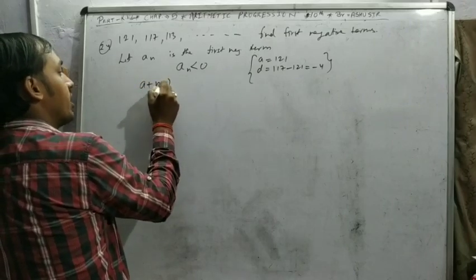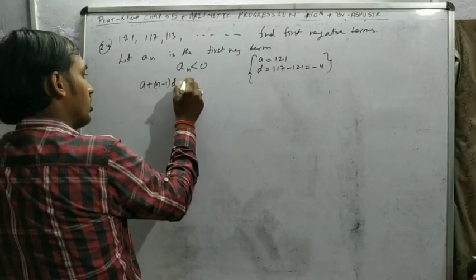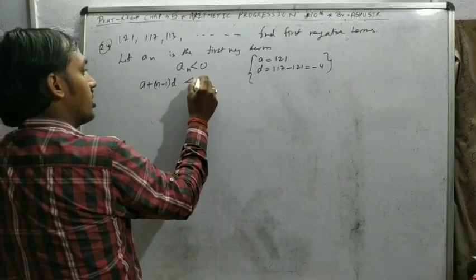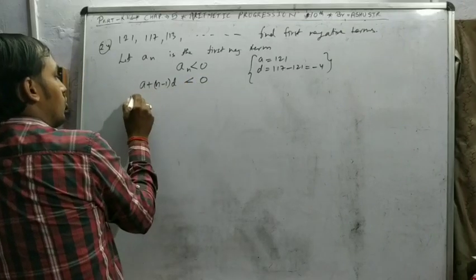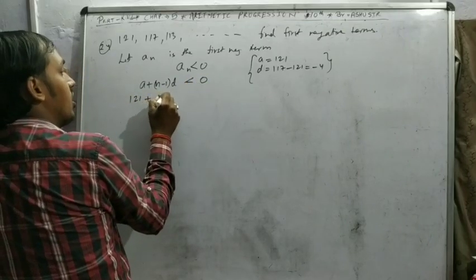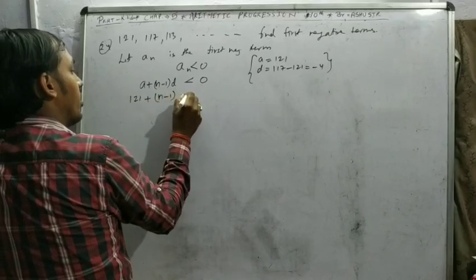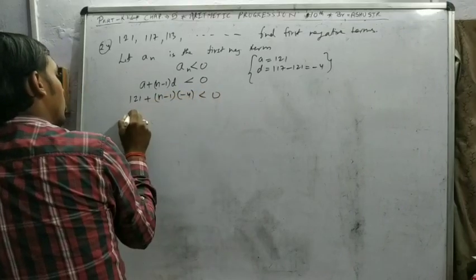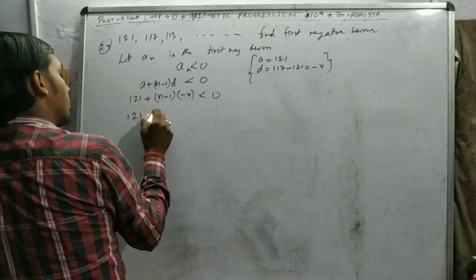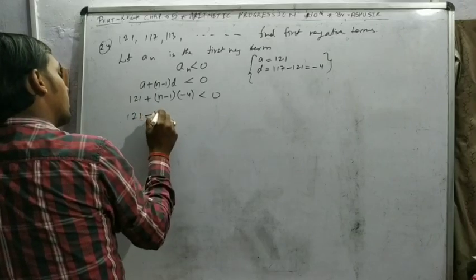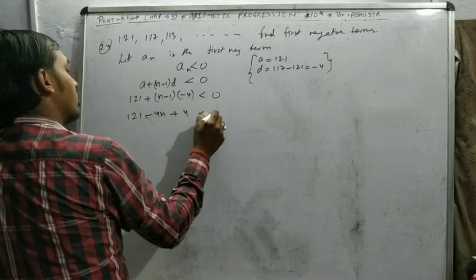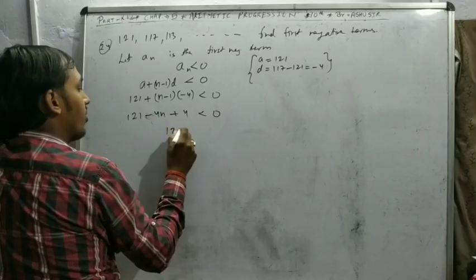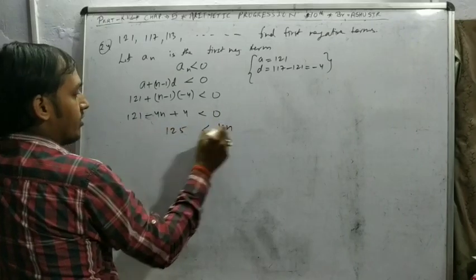A plus n minus 1 into D is less than 0. So 121 plus n minus 1 into minus 4 is less than 0. 121 minus 4n plus 4 is less than 0. 125 is less than 4n.